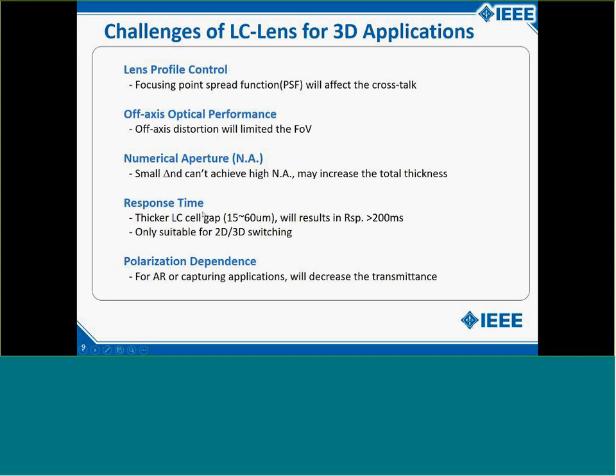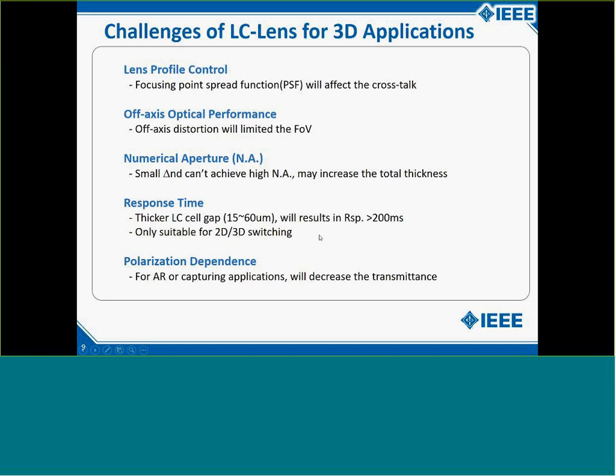And the fourth is response time. If you only use it for 2D and 3D switching, the current response time is applicable, because most liquid crystal lens cell gaps are roughly 15 to 60 microns, which results in a response time of about 200 milliseconds. That's applicable for 2D and 3D switching.